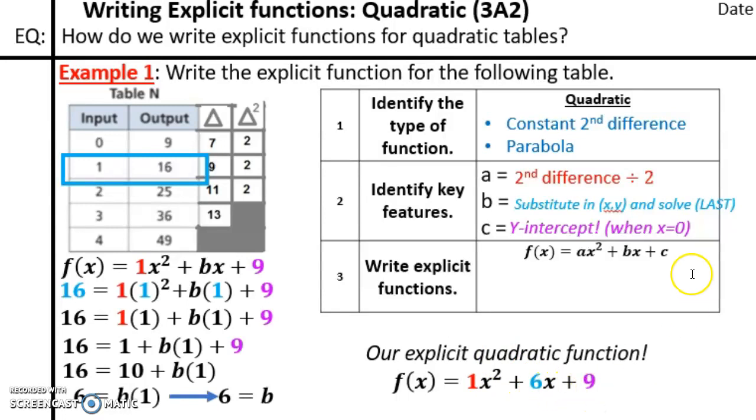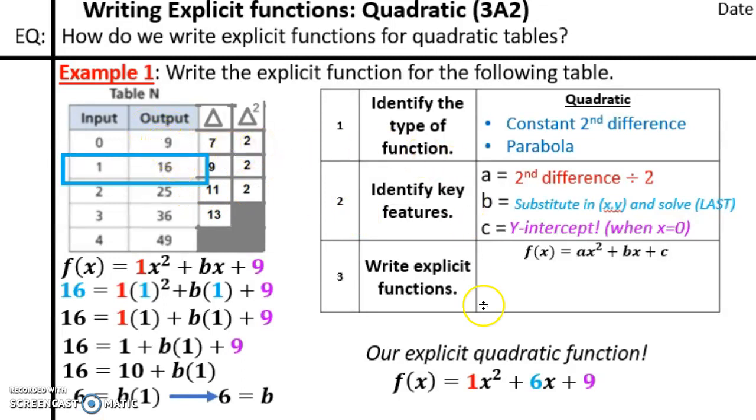Okay, and just to recap, 1, that is our A value, and we find that by taking half of our second difference. Next, we find C. C is your y-intercept or your output when x is equal to 0.